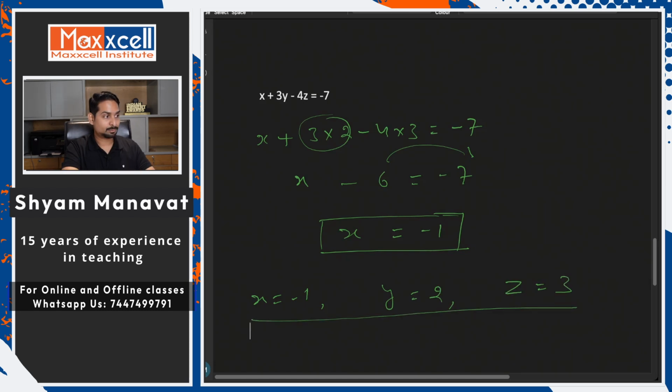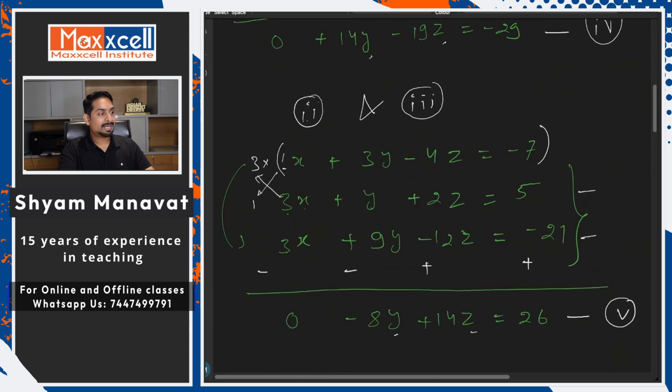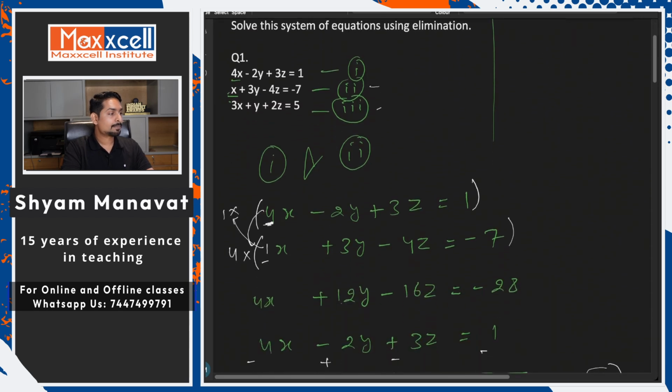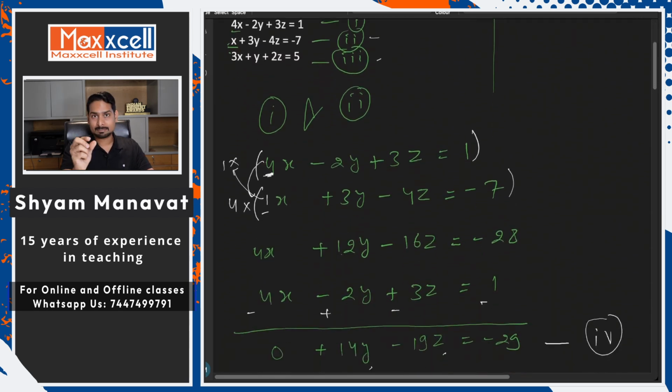Now let's conclude what we have learned. When you have three variables, three equations, first of all you need to see whether the number of variables and number of equations are same or not. If they are same, then you will definitely find unique value of each variable.